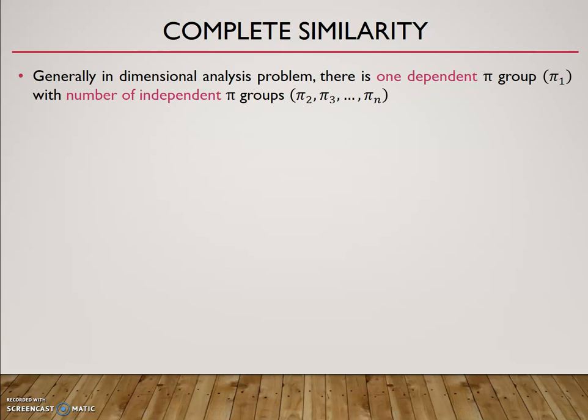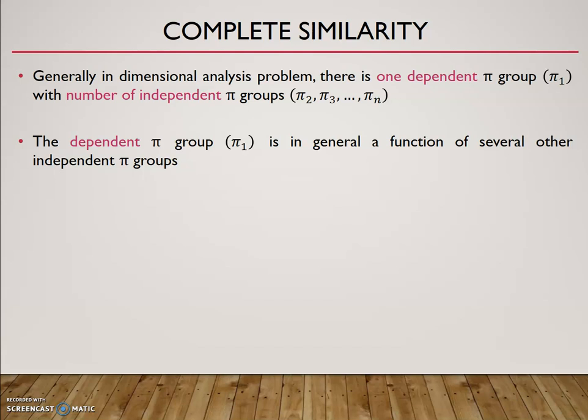Suppose the dependent pi group is phi 1 and the independent pi groups are phi 2, phi 3 and so on. Then the dependent pi group, phi 1, is generally a function of the other independent pi groups. It can be mathematically represented as phi 1 is a function of phi 2, phi 3, phi 4 and so on.